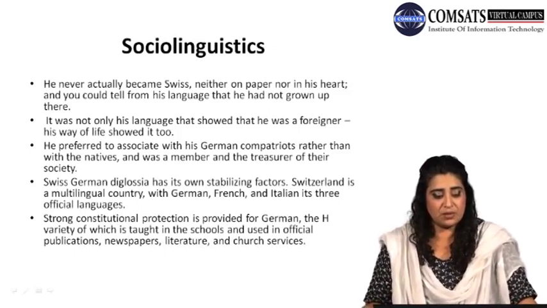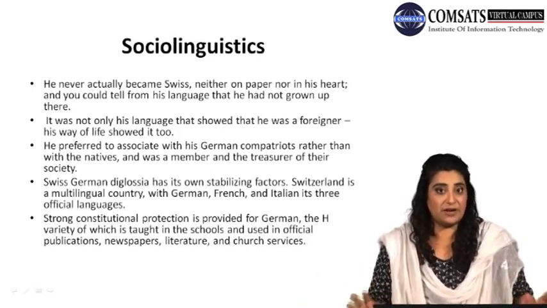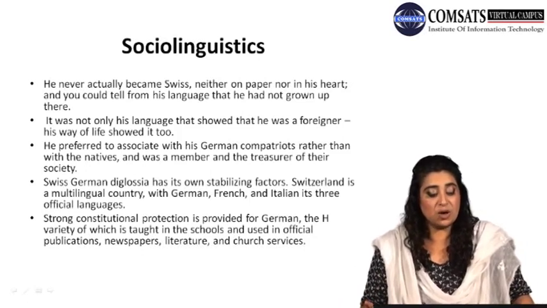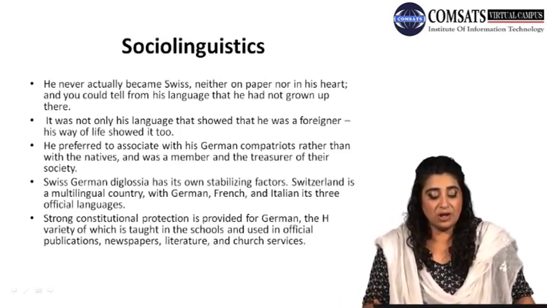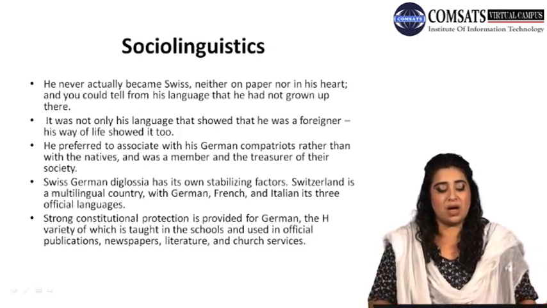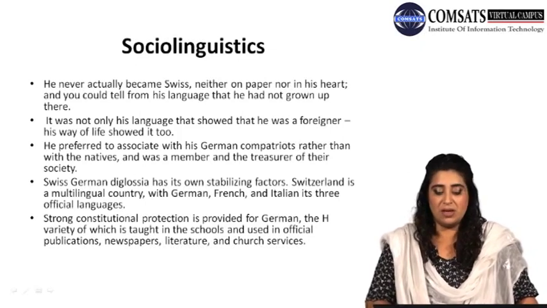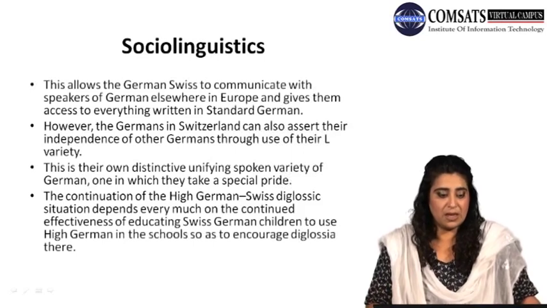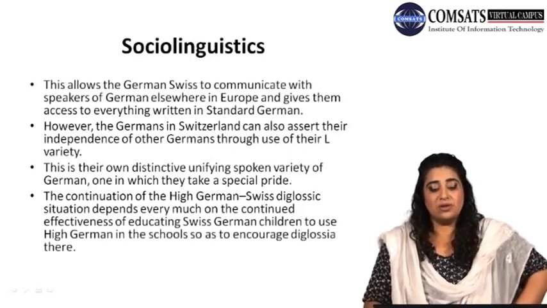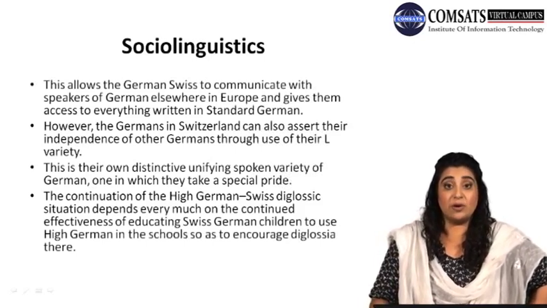So, strong constitutional protection is provided for German, the H variety, which is taught in the schools in Switzerland and used in official publications, newspapers, literature, and church services. So mainly in Switzerland they would use the high variety of German in churches, in newspapers, in publications, and in literature. And they even teach that in school there. Now, this allows the German Swiss to communicate with speakers of German elsewhere in Europe.